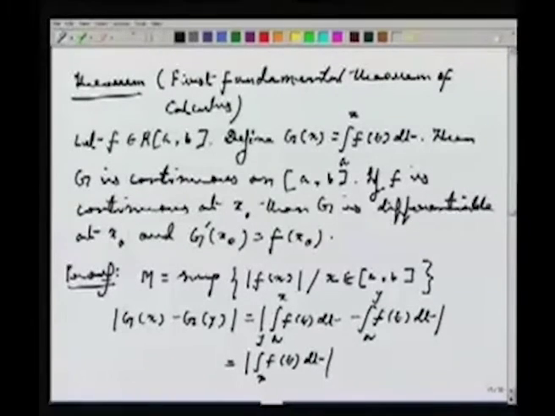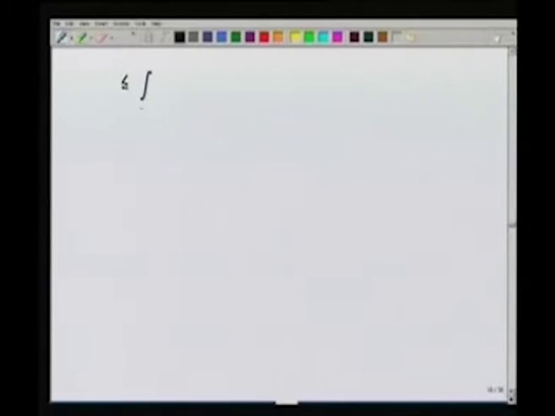Then I use the last inequality which I have proved, then this quantity is less or equals to integral x to y mod f(t) dt, which then is less or equals to integral x to y M dt, which is nothing but M into mod x minus y.